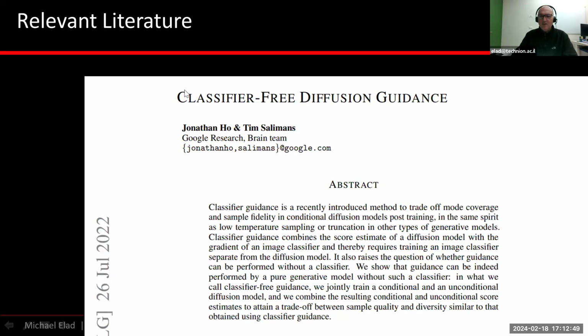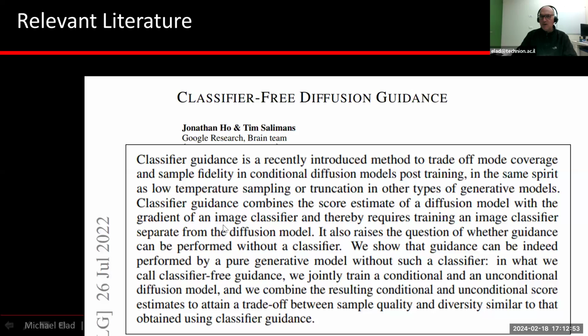But before that, this is the paper that introduced classifier-free diffusion guidance. Let's read the abstract. Classifier guidance is a recently introduced method to trade off mode coverage and sample fidelity in conditional diffusion models post-training. In the same spirit as low temperature sampling, etc. Classifier guidance combines the score estimate, just like we saw, of the diffusion model with the gradient of the image classifier, and thereby requires training an image classifier.